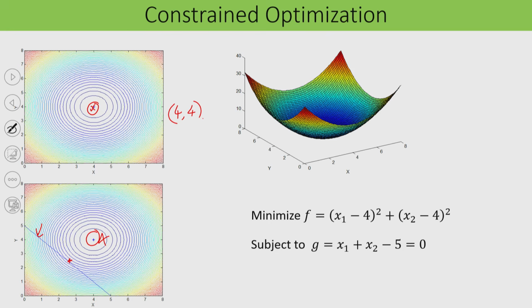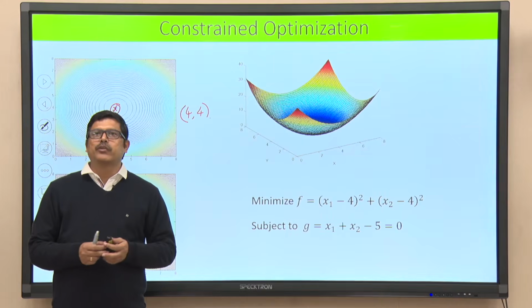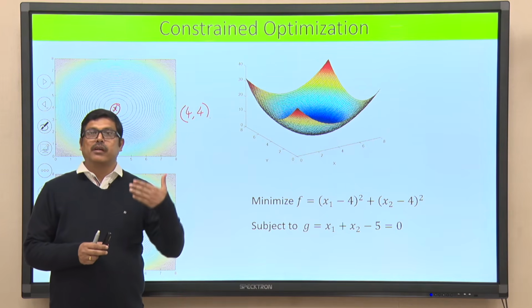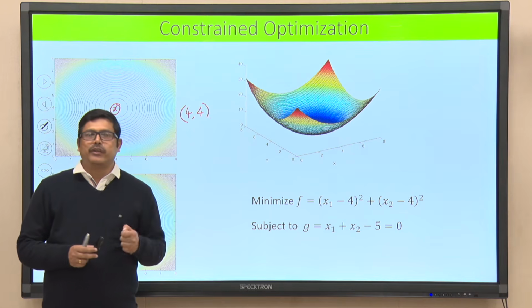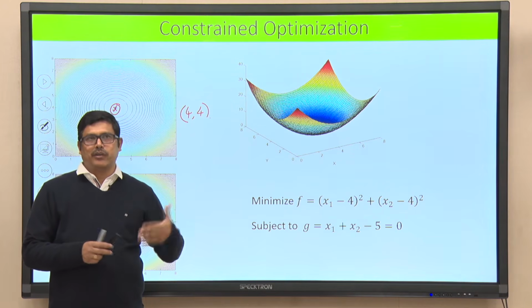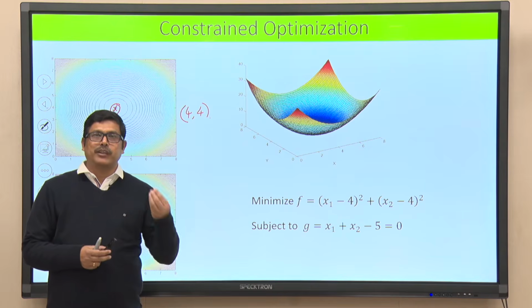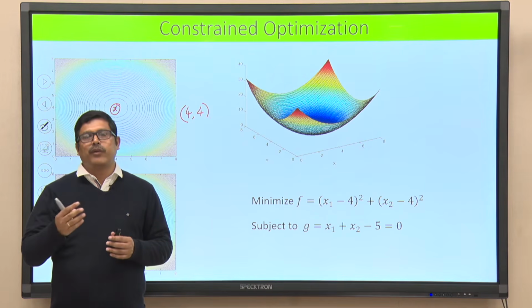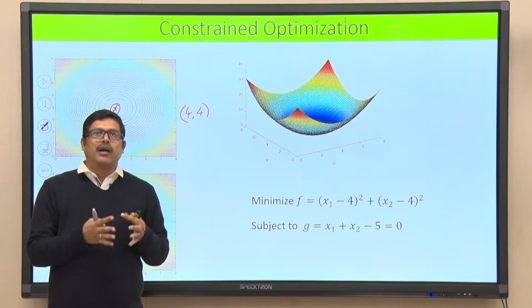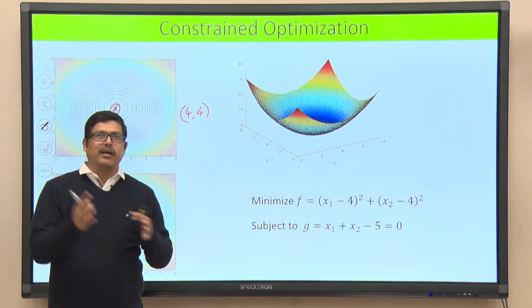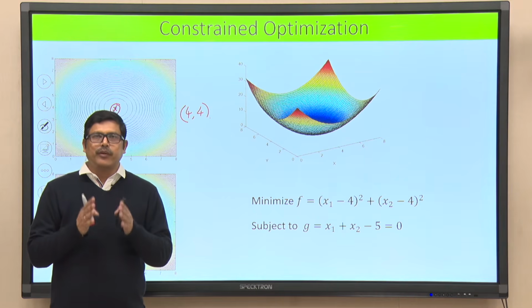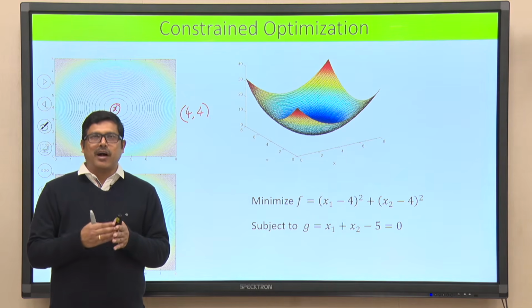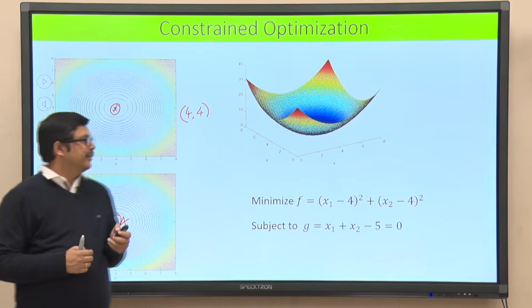Let us start the iteration, and as I said, what method have we used? We have used the exterior penalty method. Therefore, we have to start our iteration from a smaller value of r, and then increase it. We cannot start our algorithm with a very large value of r and then decrease it. So, you have to start your iteration with a smaller value of r and then increase it.